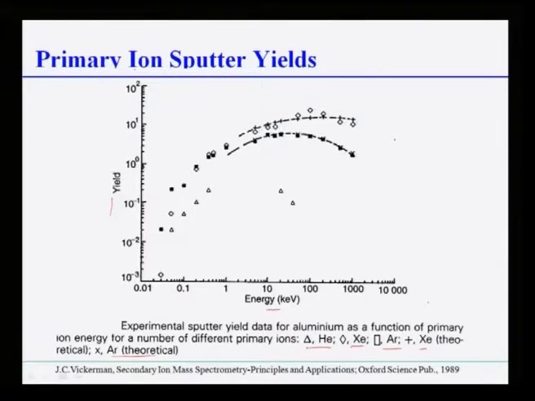Yield means basically the number of secondary ions created per primary ion. So, when it is 10, one primary ion creates 10 secondary ions. When it is 10 to the -2, that means to create one secondary ion you need 100 primary ions.